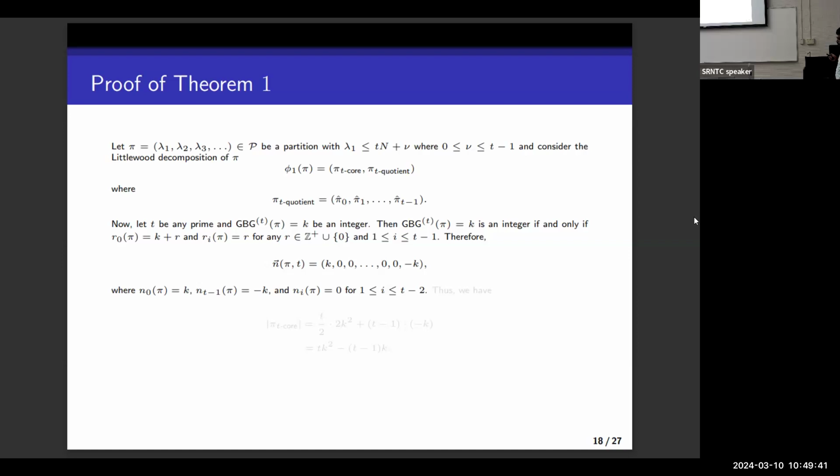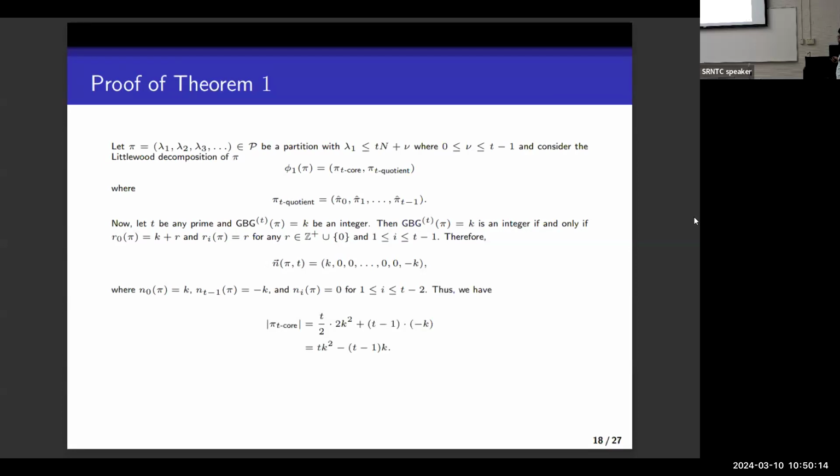By the definition of GBG rank, which was the sum of the ri's times omega to the j, that equation has a solution in terms of ri if and only if the ri's are of this form. R0 is of the form r plus k for any non-negative integer r, and ri is r for the rest of the i's. And so the N vector will be of this form then. You just successively subtract the ri's.